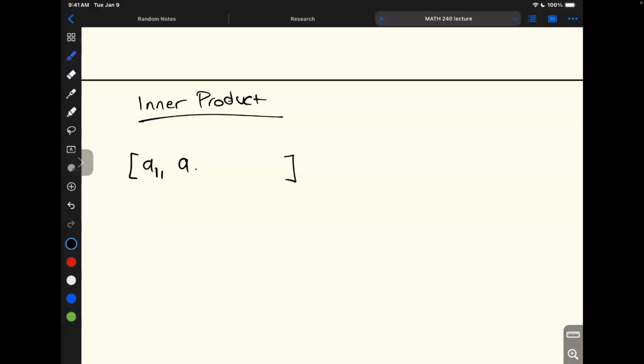So A11, A22, or no, I'm getting my numbers mixed up. Sorry. A row 1, column 2. A row 1, column 3. A row 1, column n.